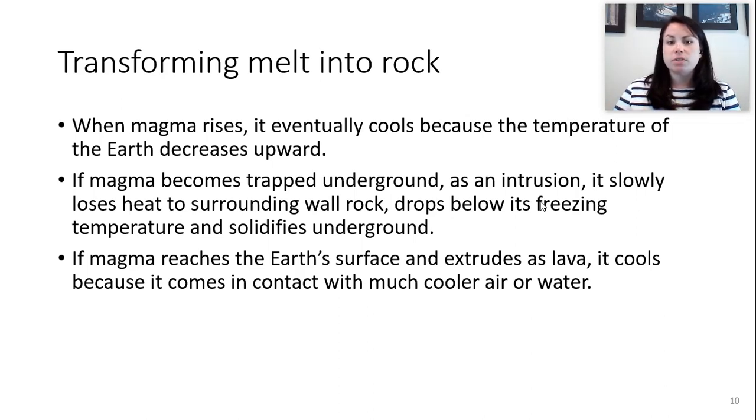If the magma reaches the Earth's surface and extrudes as lava, that would be an extrusive igneous rock. It cools because it comes in contact with the cooler air or water above. So the takeaway here is that igneous rocks are formed by cooling, either inside underground, or extrusively outside by the air or water.